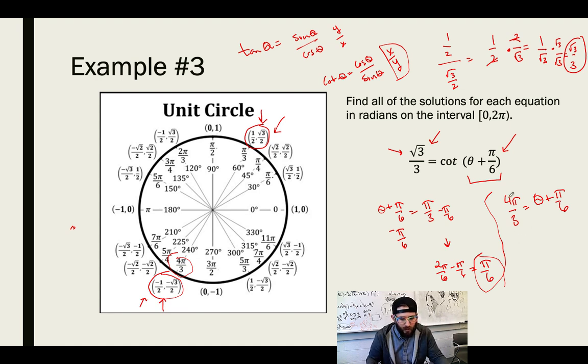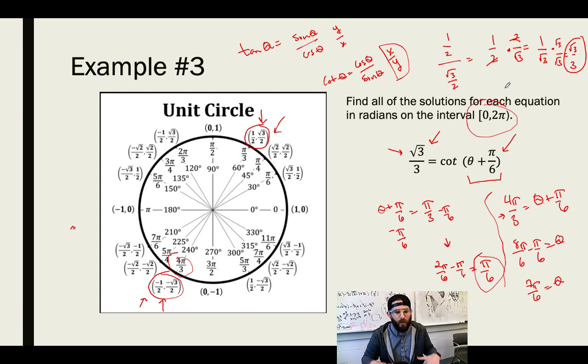So in order to do that, we're going to quickly convert this to 8 pi over 6. And then if we subtract pi over 6, we're left with our theta value here. And then 8 pi minus pi just gives us 7 pi over 6. And that's equal to our new theta value. And that's less than 2 pi, so we know that this one will also satisfy the restrictions on this particular interval right here.